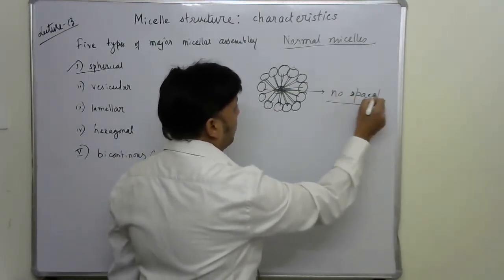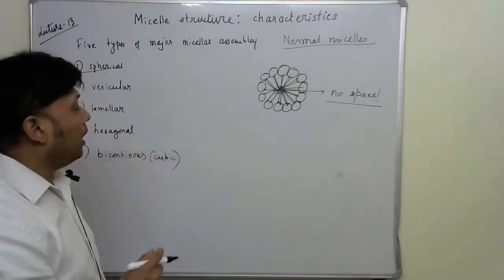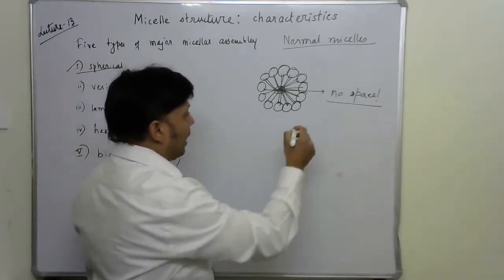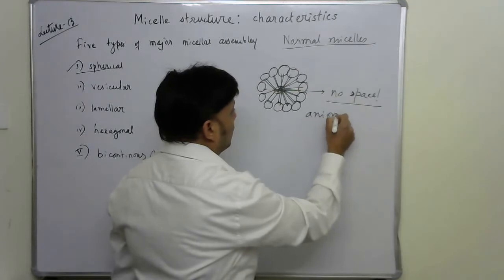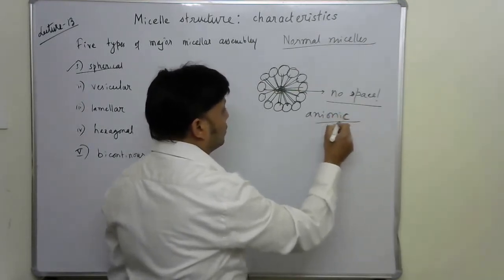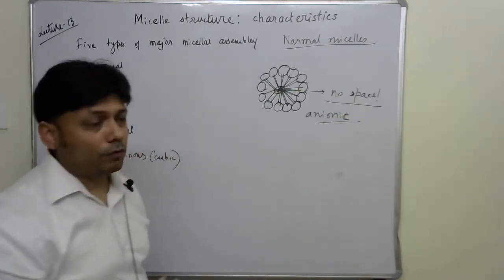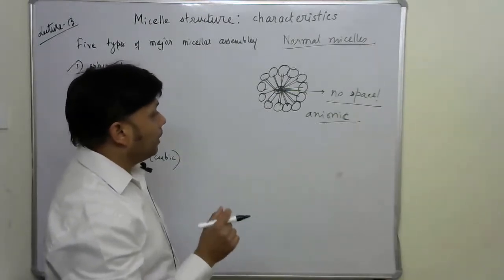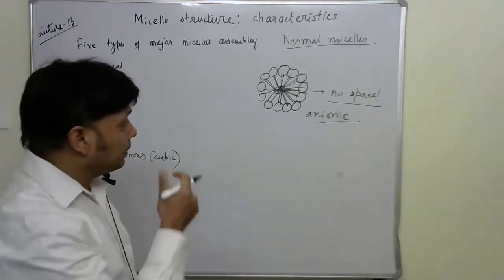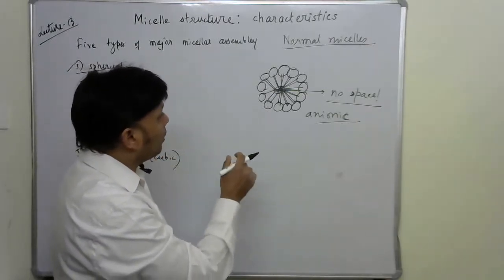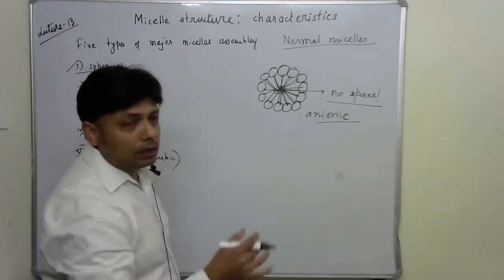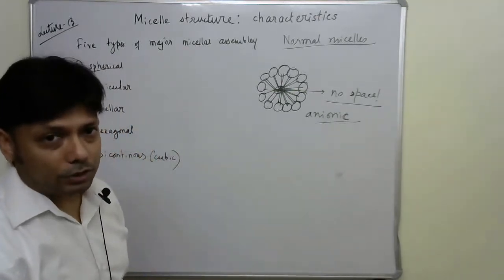It is absolutely packed up. Secondly, mainly anionic surfactants, meaning all the usual detergents and soaps that you find, invariably contain anionic surfactants, and they like to form spherical micelles above the critical micelle concentration.